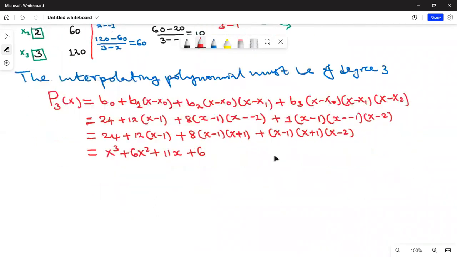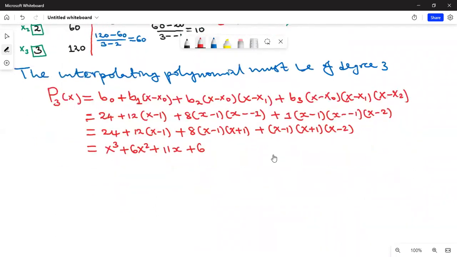So we can just say that therefore, P3 of x is equal to x cubed plus 6x squared plus 11x plus 6.